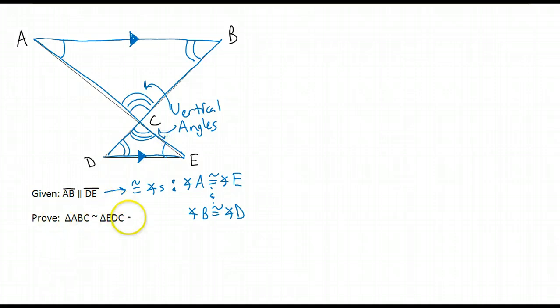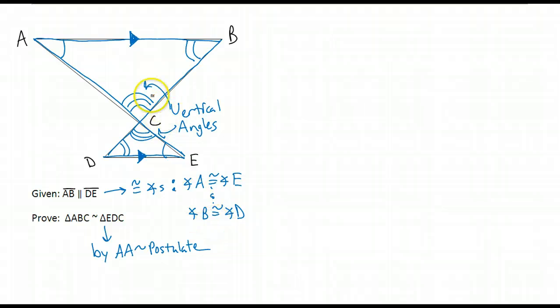So in order to prove these 2 triangles similar, I'm going to use the angle-angle similarity postulate. And I actually have 3 pairs of congruent angles. In my proof, I only need to use 2.